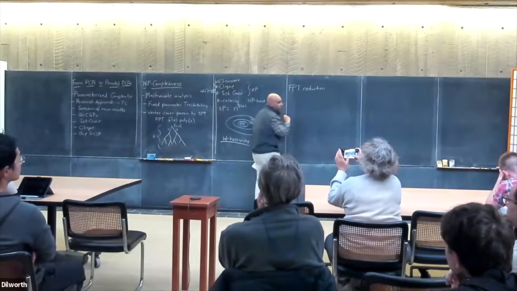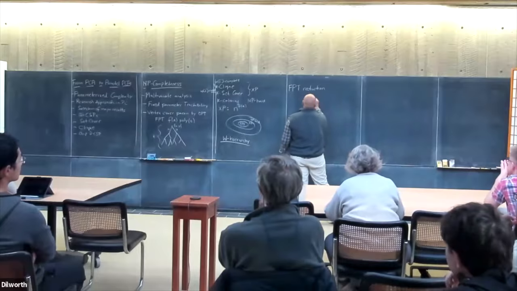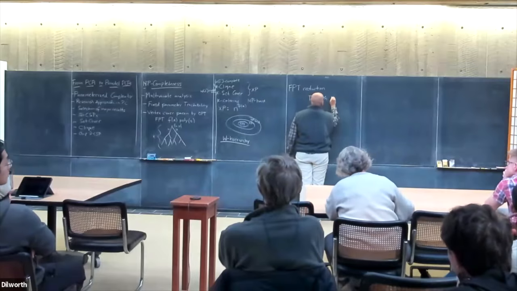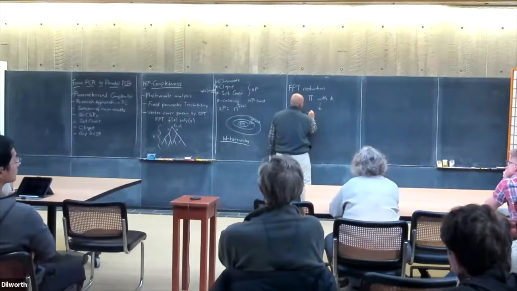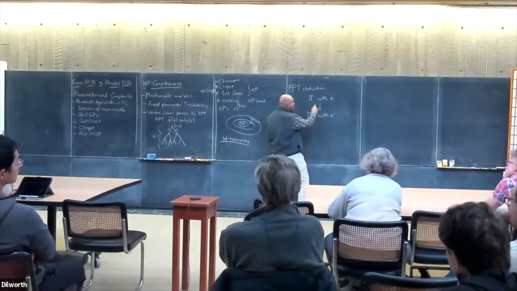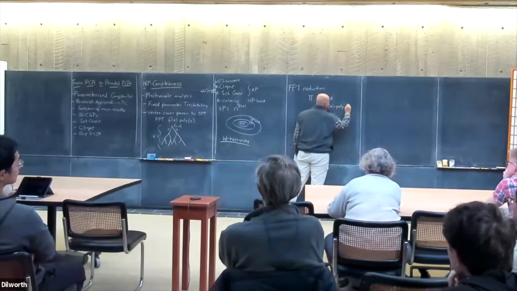So we say that there's an FPT reduction from pi with parameter k to pi prime with parameter k prime, if the running time of this reduction is some f of k times poly of the size of pi.